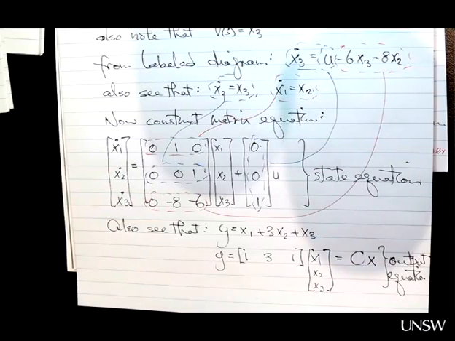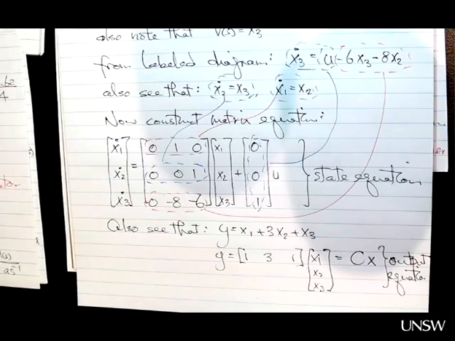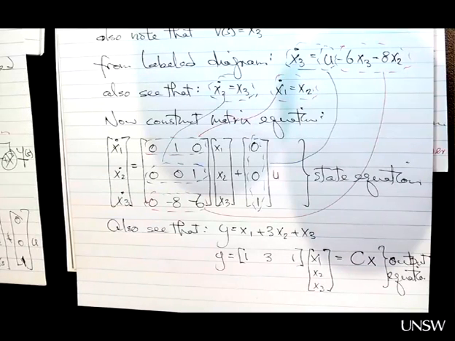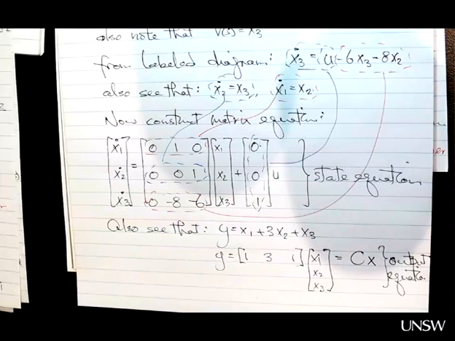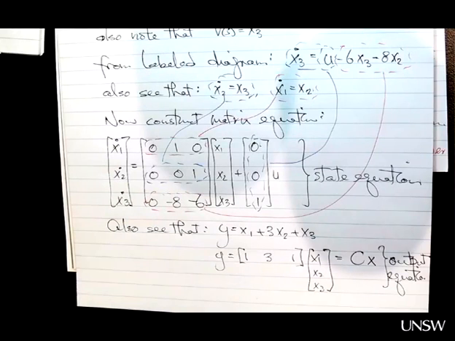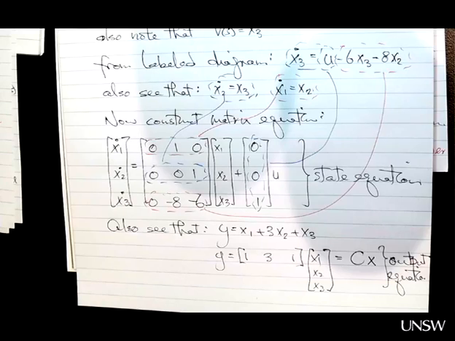So this is one of the methods to construct a block diagram, and from the block diagram we can have the system's equation expressed in matrix form.